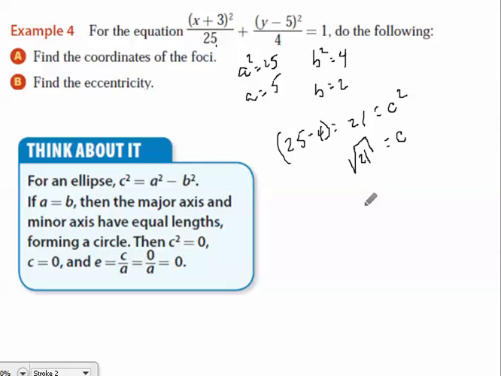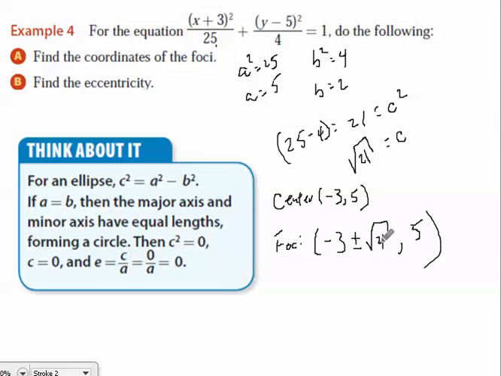Okay, so now that we know what c is, our center is located at minus 3, 5, and so our foci are going to be located at minus 3 plus or minus the square root of 21, comma 5.